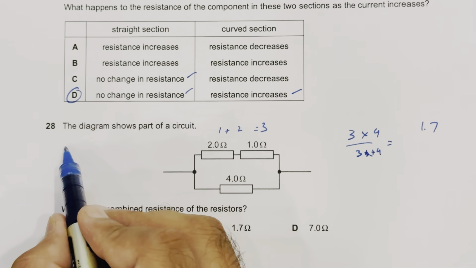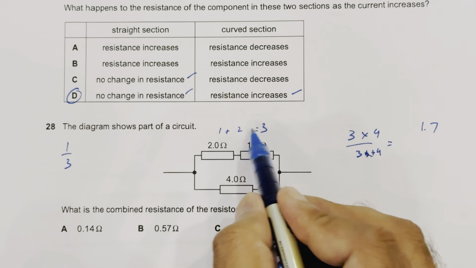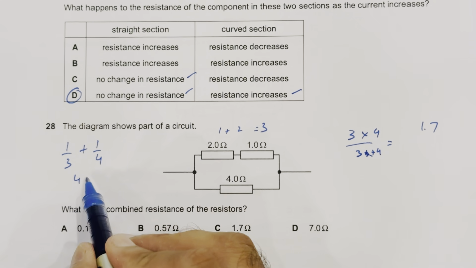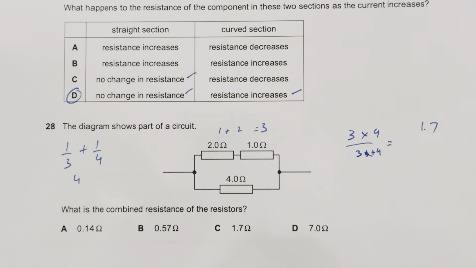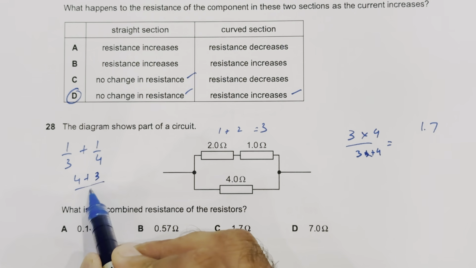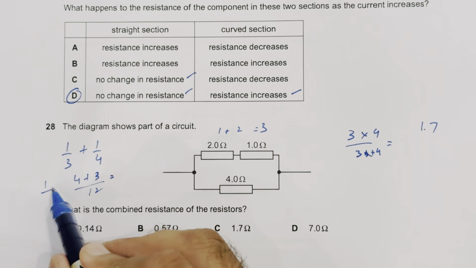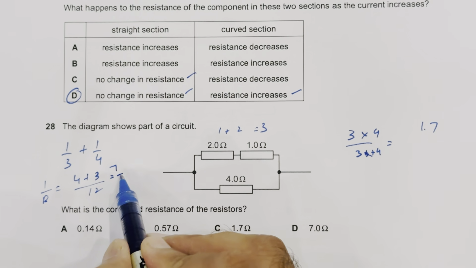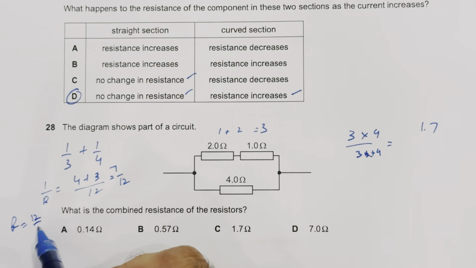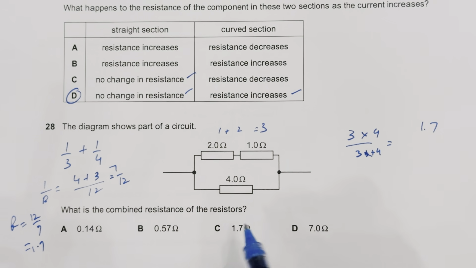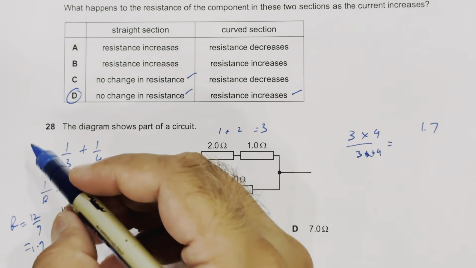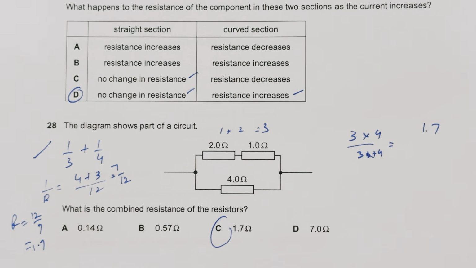Or you can calculate it like this: 1 by 3 plus 1 by 4. After solving that, you get 4 plus 3 over 12, which is 7 by 12, and you take the reciprocal of it, 12 by 7, and you get the value of 1.7. So you can calculate in both ways. I think this is more preferable and more understandable.